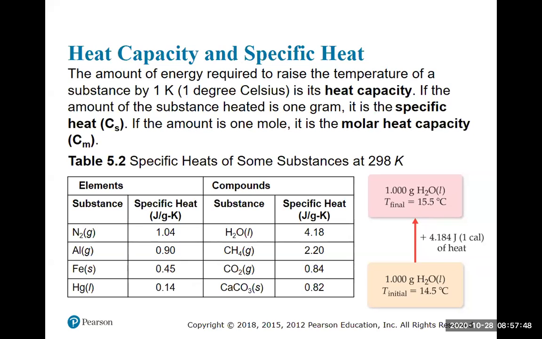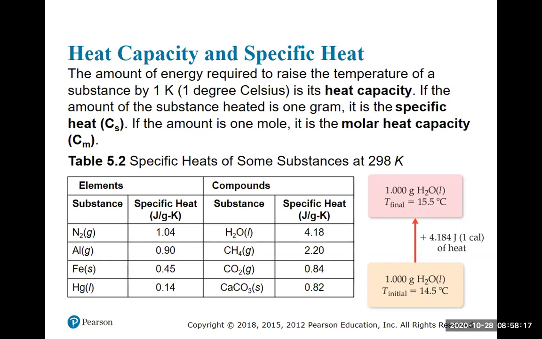So the key thing here is to make sure you're realizing whether you're working with the heat capacity itself, or the specific heat, or the molar heat capacity. These three terms get used interchangeably sometimes, but they are different, okay?